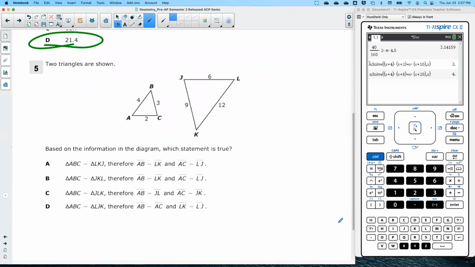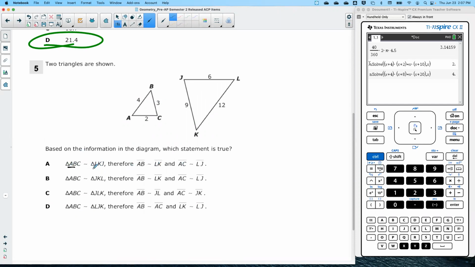All right, number 5. 2 triangles are shown. Based on the diagram, which statement is true? Triangle ABC is similar to LKJ. Therefore, AB, I'm going to use a little trick here.